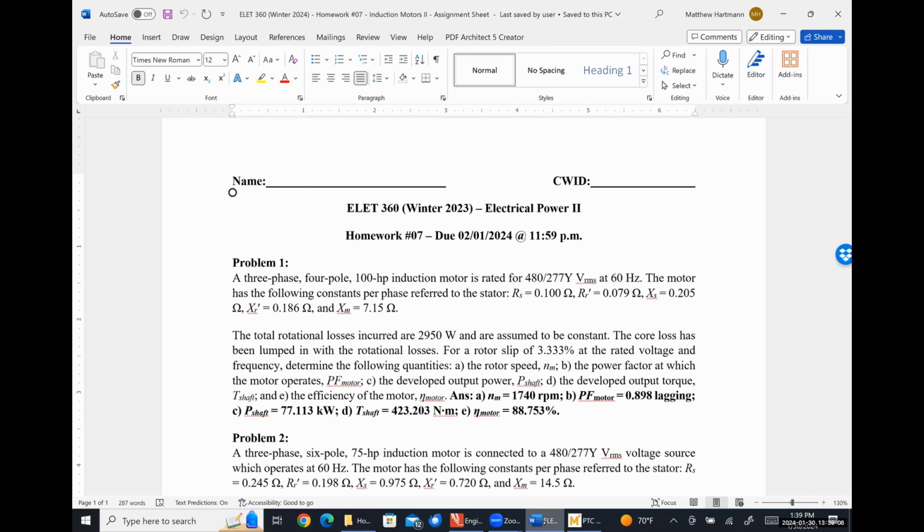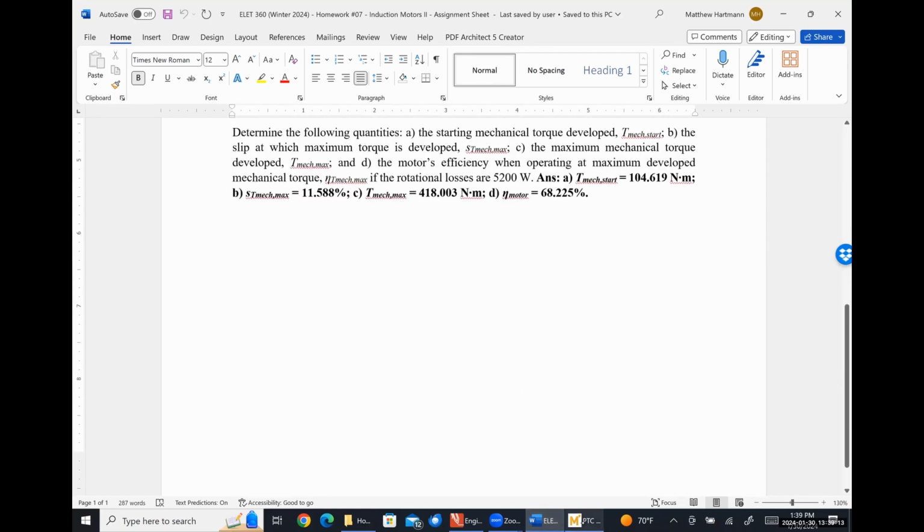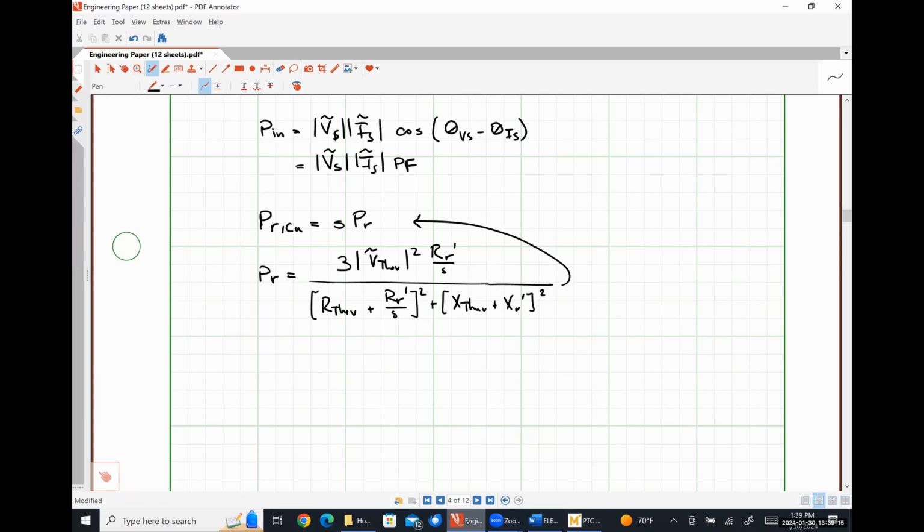So our output torque should just be our output power, P shaft, divided by the angular velocity of the shaft.